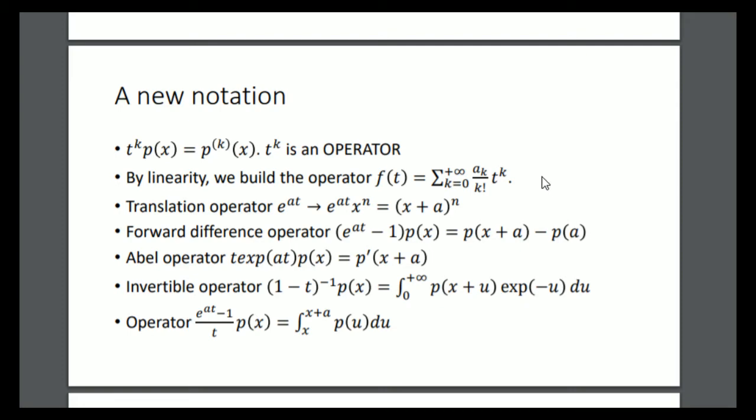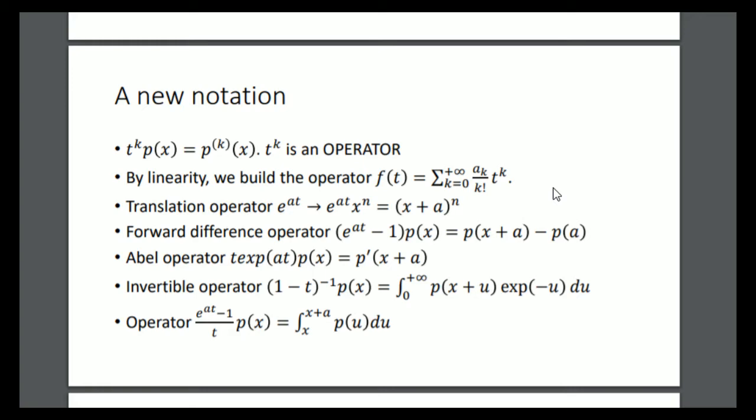So, for example, if you apply a translation operator, exponential of at, applied on x to the n, it will be equal to x plus a to the power of n, because we apply a translation.